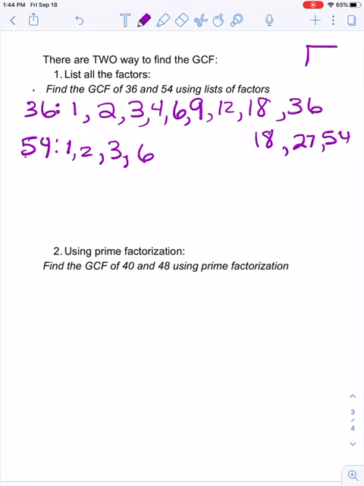How about 6? Is 6 one? Can you divide 54 by 6? Is there anything that you can multiply by to get to 54? Well, let's skip count our 6's.